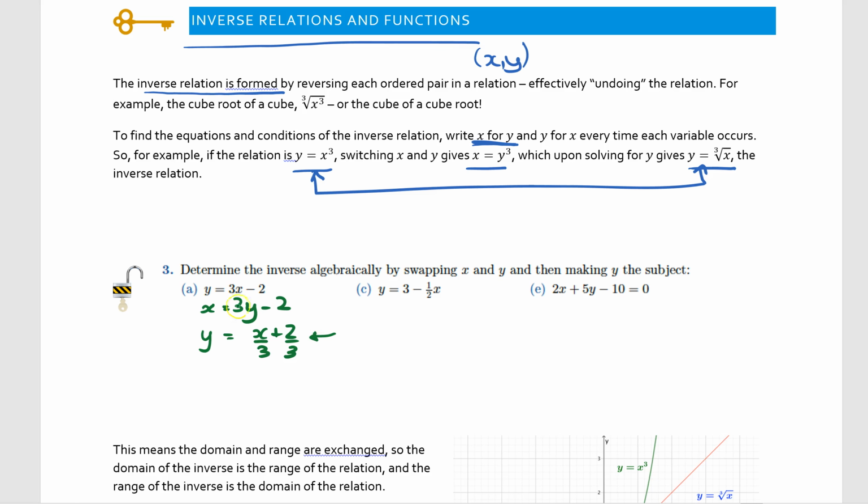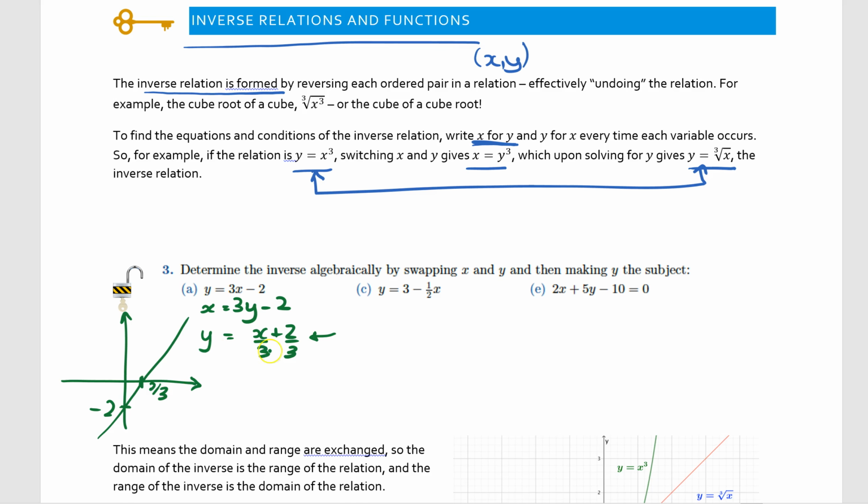Now, I'm going to have a look at the graphs here because that brings out an important point. So if we had the graph of y equals 3x minus 2, we know that that cuts at minus 2. It has a gradient of 3, so it goes up there. It cuts through the x-axis when y equals 0, so that will be at 2/3.